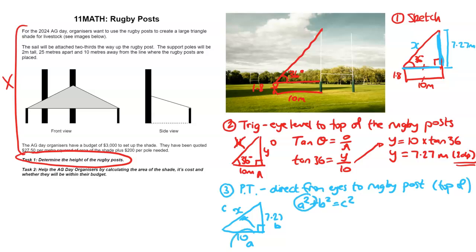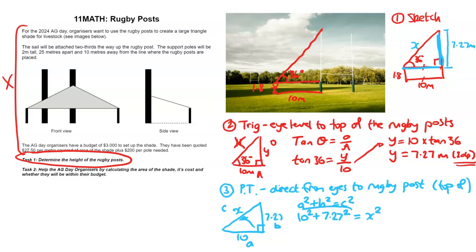So my A side of the triangle is 10. So that A squared becomes 10 squared. The B side of my triangle was the number we calculated earlier. So that's 7.27, and that's squared. And then C squared is going to become X squared. So that there will be equal to X squared.